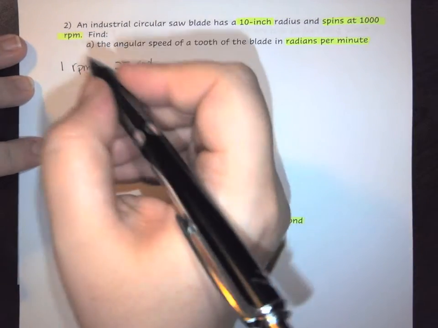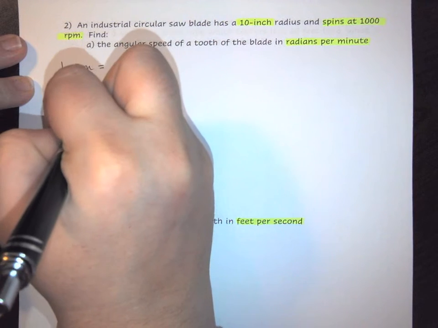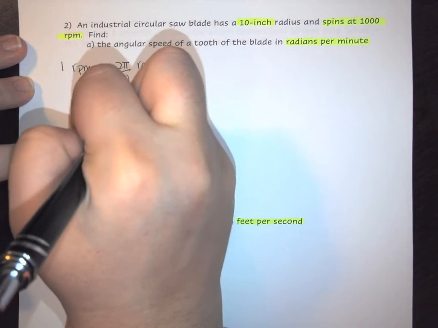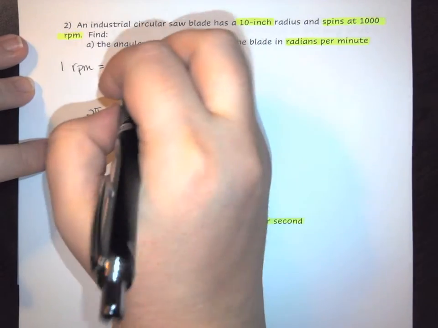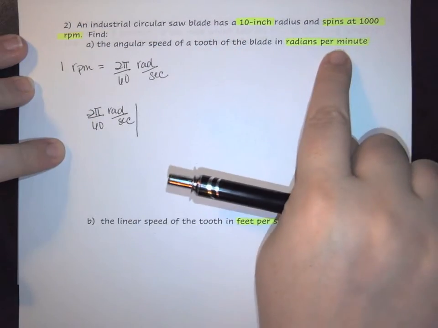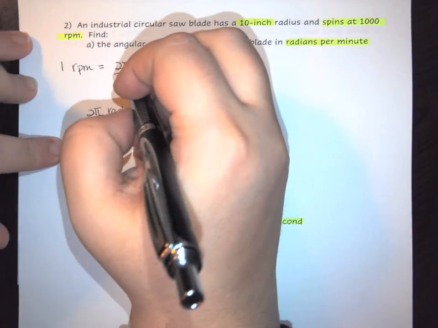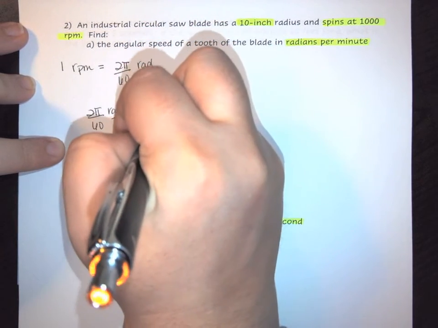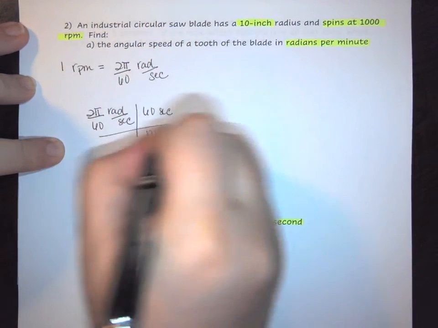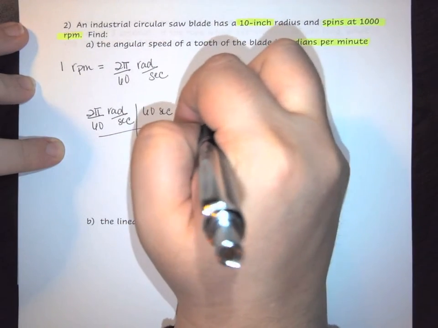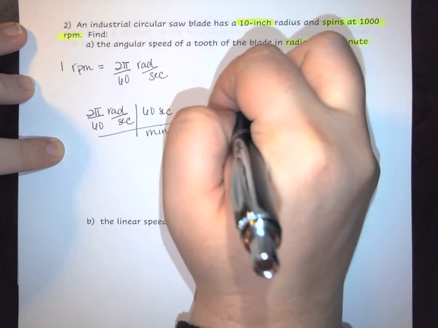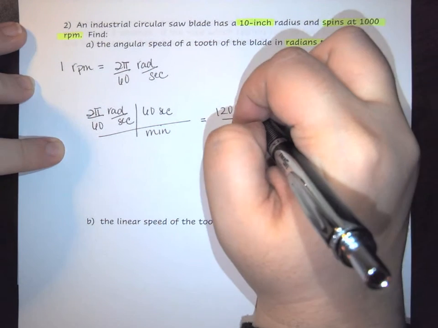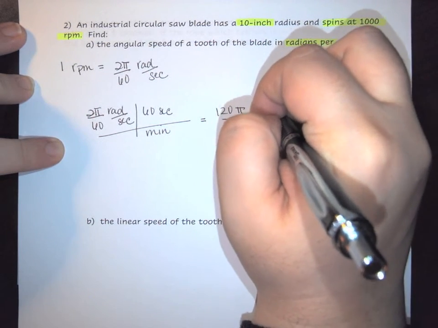I have my 2 pi over 60 radians per second, and I'm going to convert this into minutes because I want radians per minute. So again, this is 60 seconds per minute, and we end up with 120 pi over 60 radians per minute.